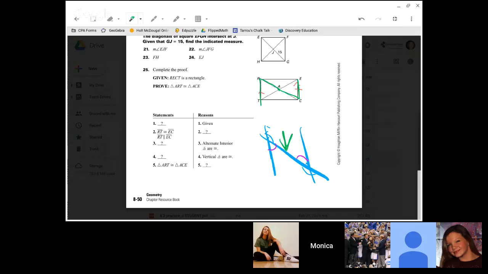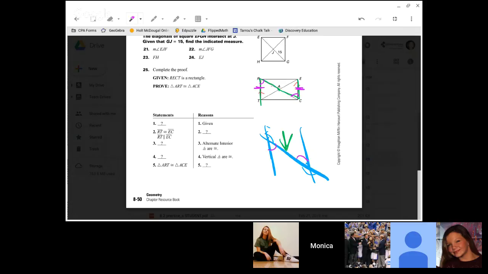And now, so we know that for RT is congruent to EC, we've proved that. Let me change colors. Okay, so we've said RT is congruent to EC, right? We've said that RT is parallel to EC. For number 3, we said that angle ART and ACE are congruent, right?